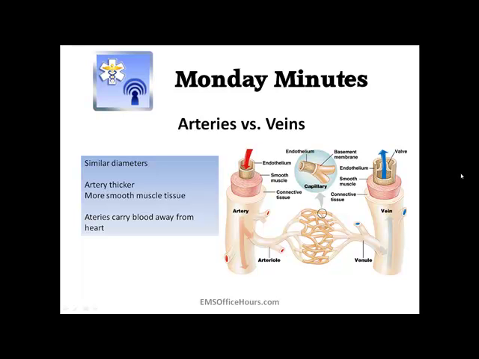Now, arteries versus veins. You've got a comparison between the two. It's important to know the differences, because if you have an artery and a vein, they have a similar diameter. The artery is going to have a thicker wall than a vein does, and this greater thickness is because it has more smooth muscle tissue and a greater presence of elastic fibrous connective tissue in the wall.